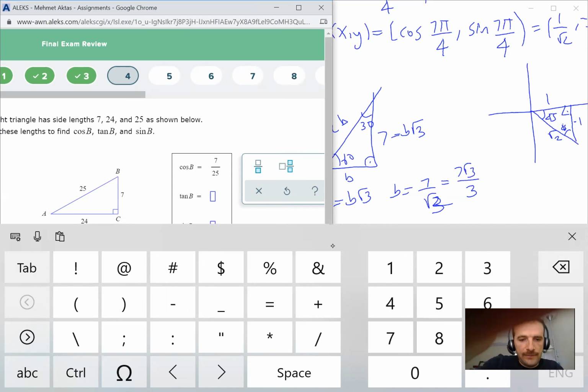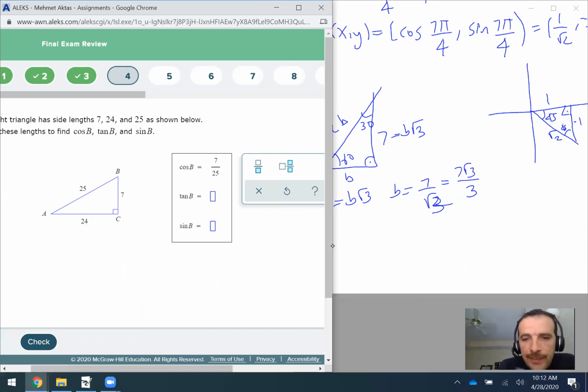Similarly, tangent of B is opposite over adjacent, right?